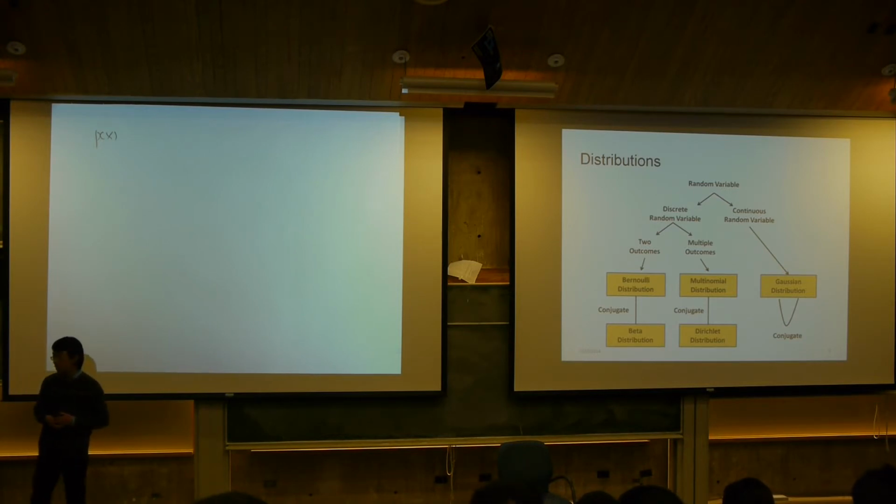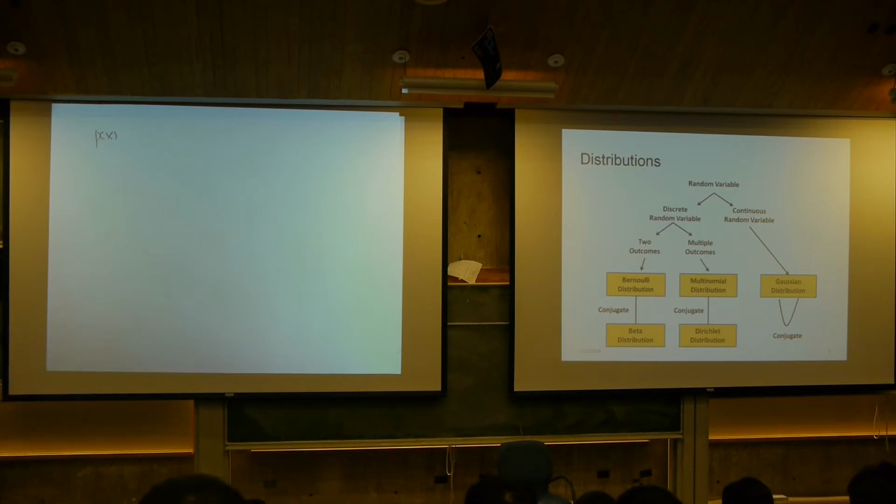So for the 2 outcome discrete variables, we will use Bernoulli distribution to model them. For the multiple outcome event, we are going to use multinomial distribution. If the random variable is continuous, as you know, we usually use Gaussian distribution to model it. So what about the other 2?